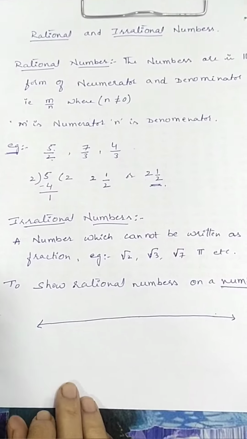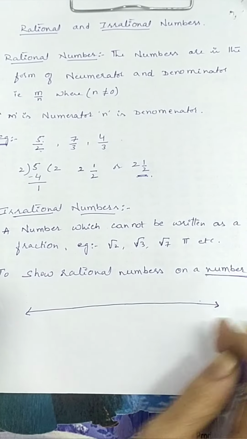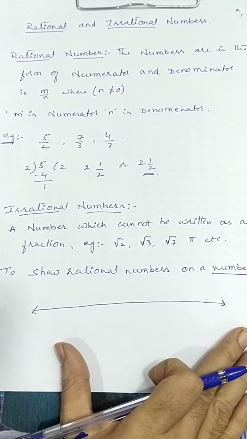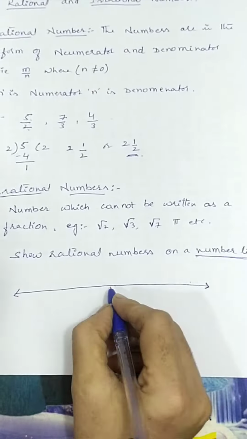A line will be drawn horizontally with an arrow mark on either side. This arrow mark indicates it will be extended infinitely. At the center we will draw 0.